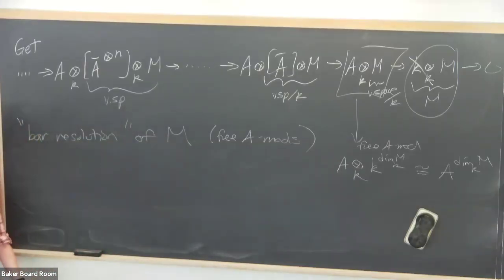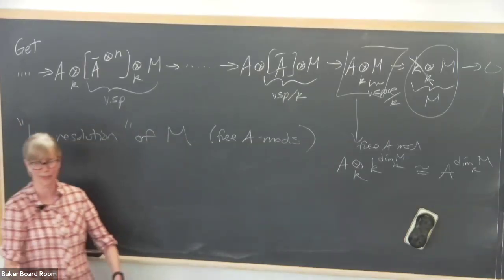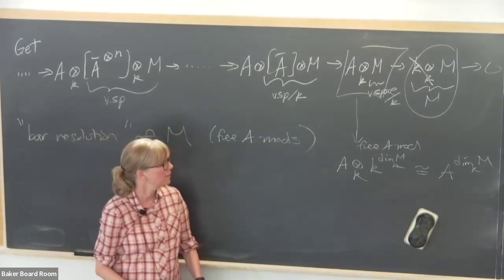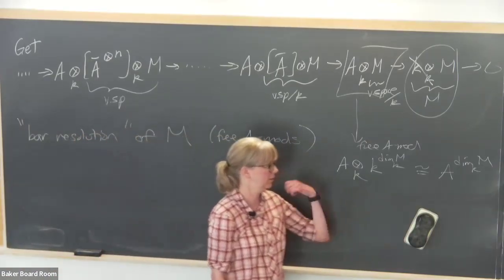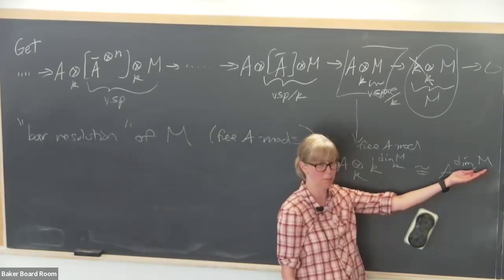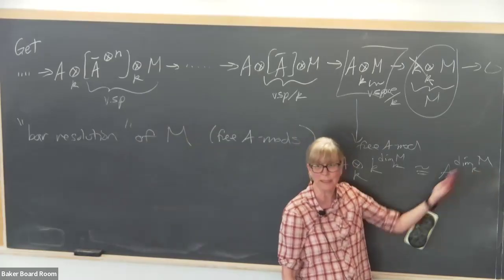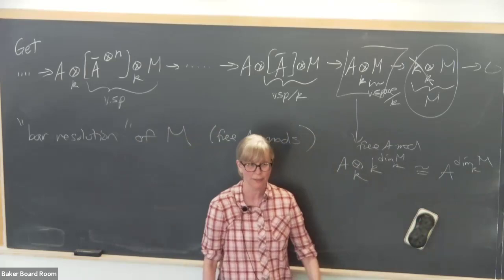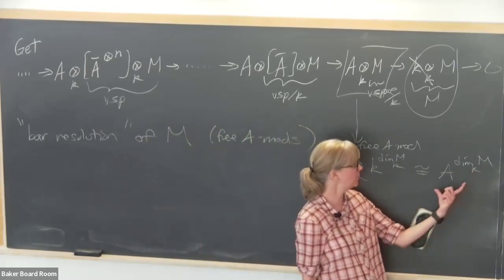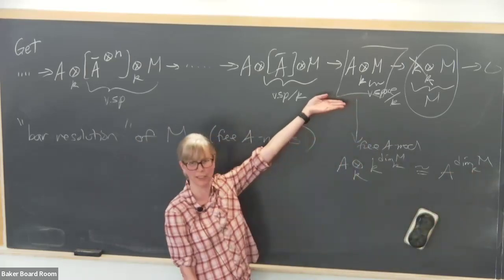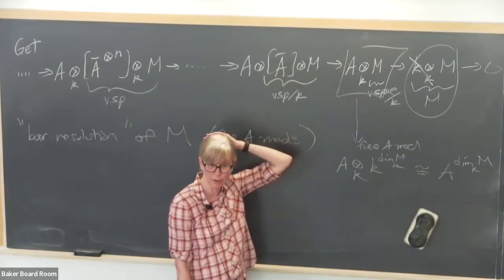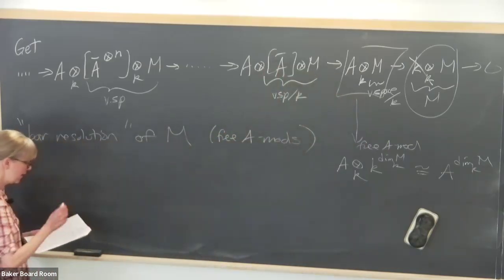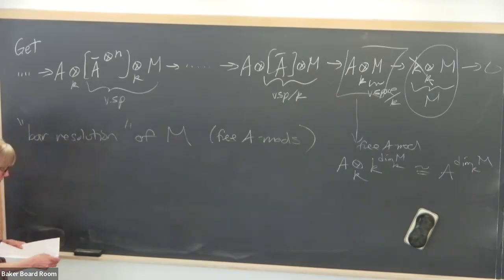I'm pretending K is a field for a second. That's why I keep saying vector space. So the vector space dimension of the module you're resolving is probably enormous unless we have a finitely generated algebra, but we don't. And so this is way too big. You would never start a resolution like this, but it's canonical. Okay, so I will get to that in a minute, how to fix that.